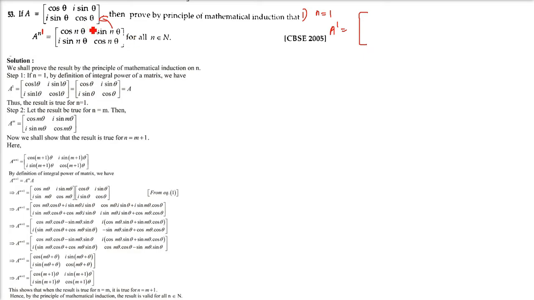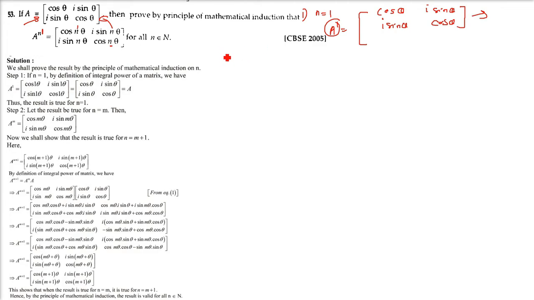Cos n theta, that is cos theta, n I'm putting as 1, then i sin theta, then i sin theta, then cos theta. So for n equals 1, you got the correct option.